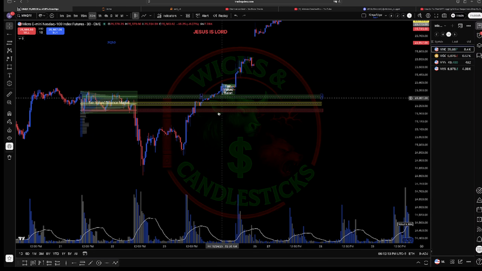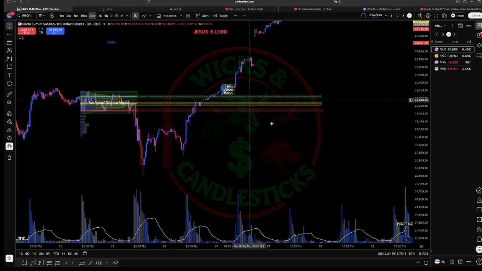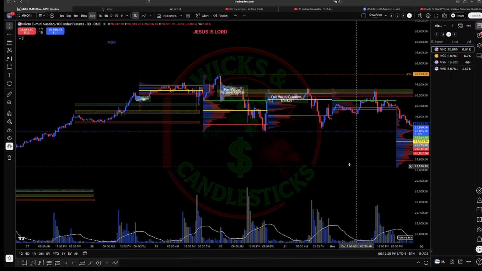What's the continuation? Price left from down here and began to go upward. Price came right here to fair value and then it continued. Okay. So I'm going to find another example here.